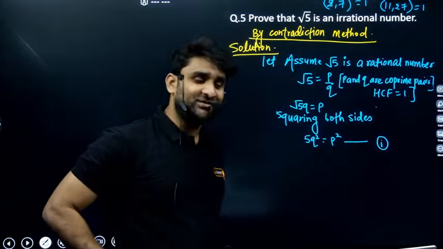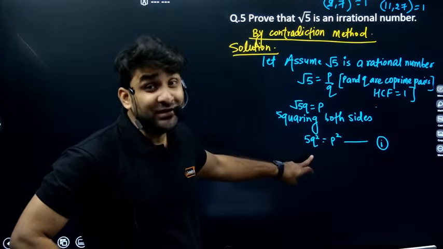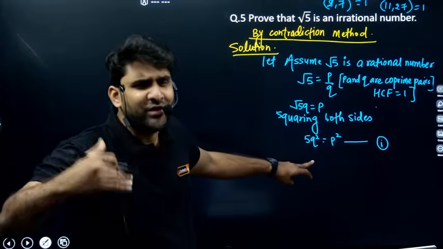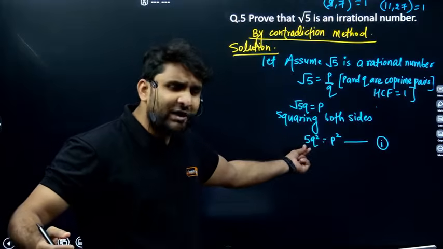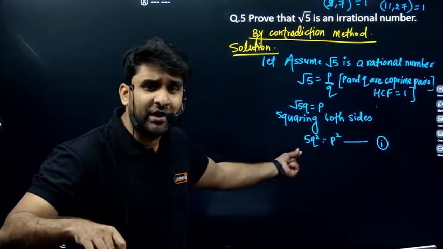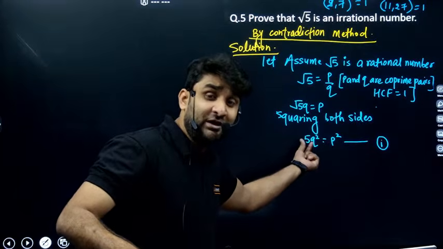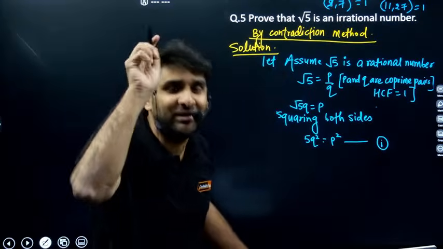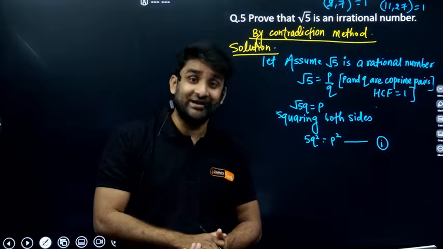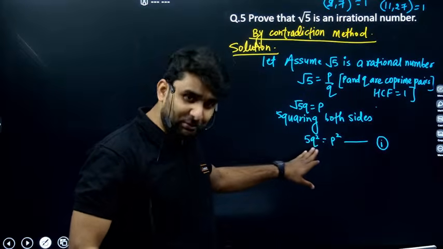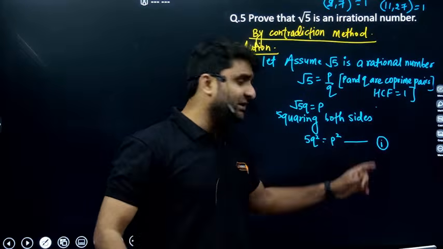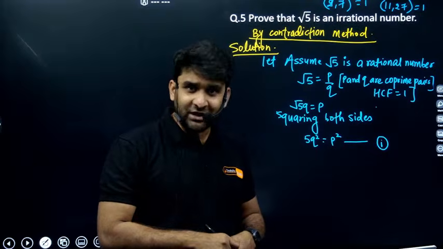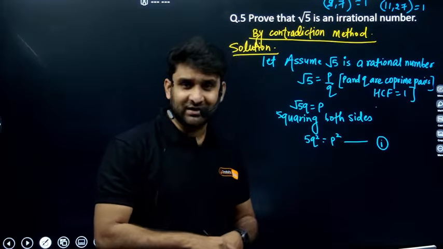My dear students, 5 is in multiplication with Q square. If I bring this 5 to this side, it means P square will be divided by 5, because P square is on the right hand side.